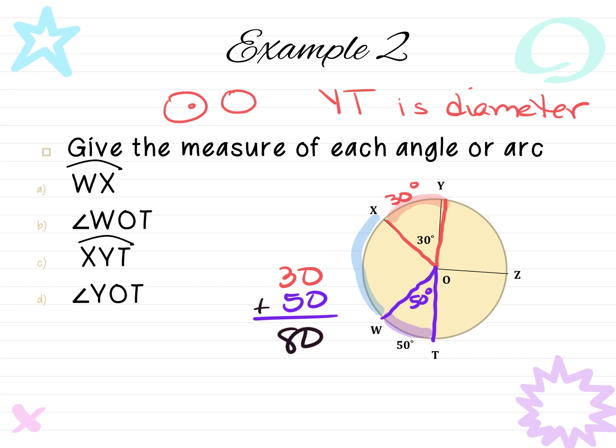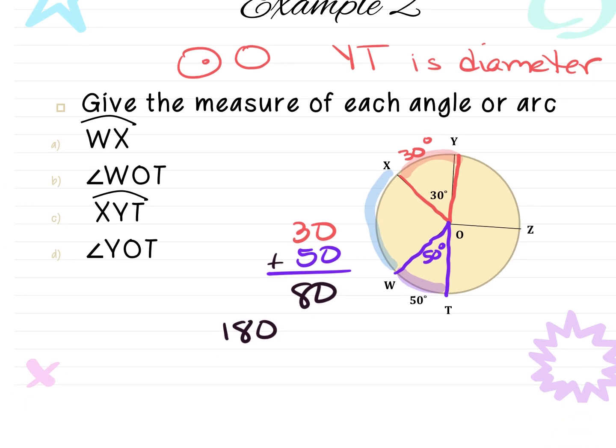So WX, 180 minus 80, and it's 100 degrees. So this central angle is 100, and so is its corresponding arc measure. So WX is 100 degrees.